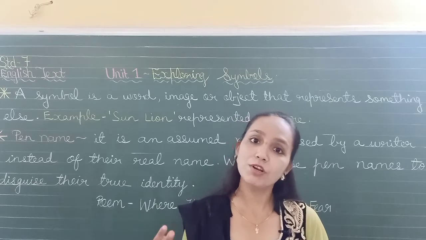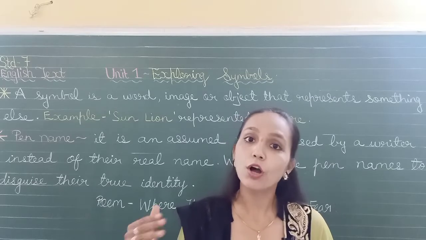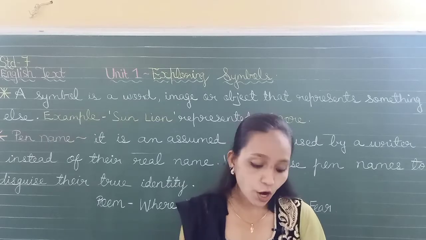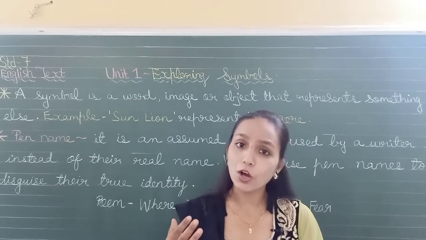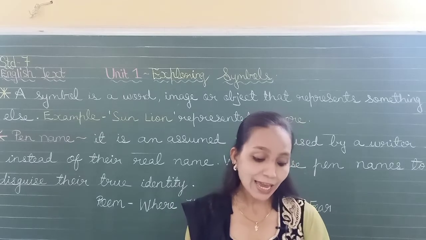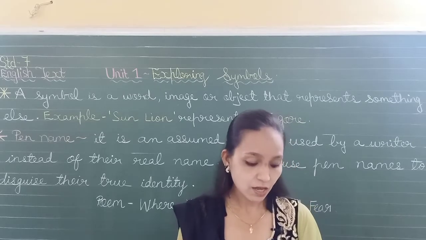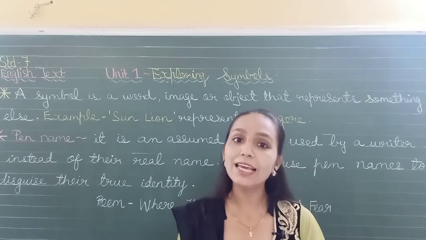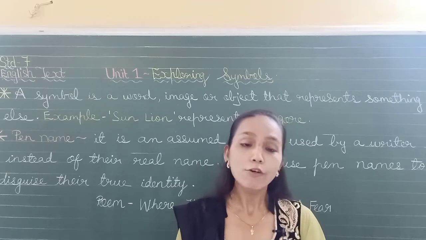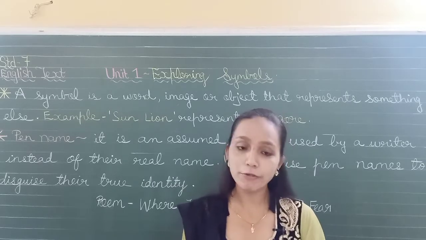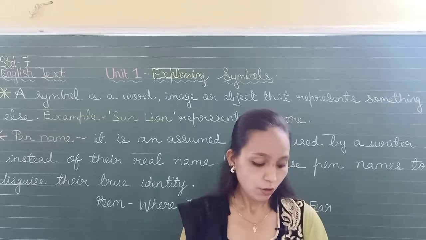So this poem is written in the form of a prayer to Almighty. Tagore reveals his own concept of freedom throughout the poem. And when this poem was written, India was under the British rule and people were eagerly waiting to get their freedom. So this poem is written in the form of a prayer to God.